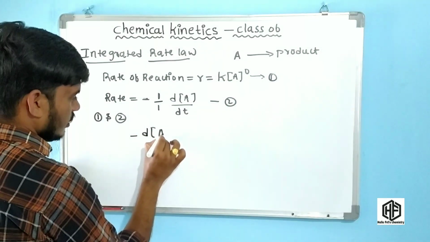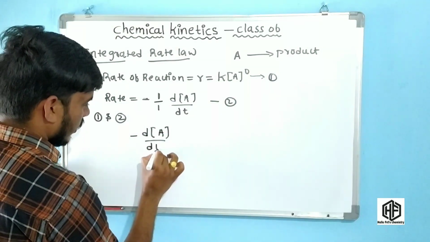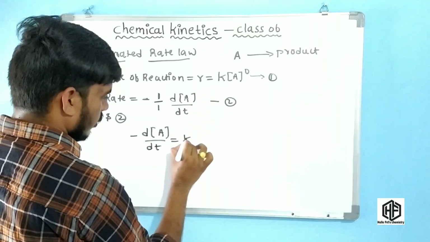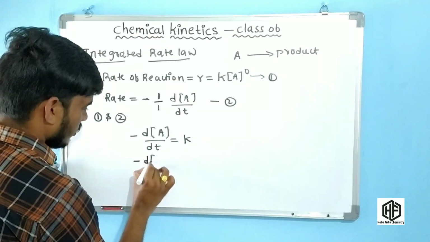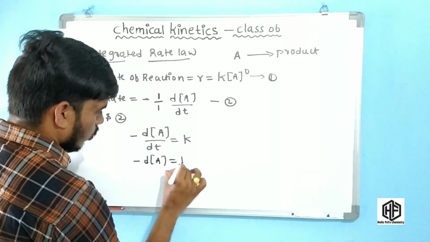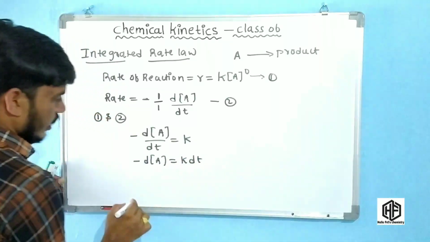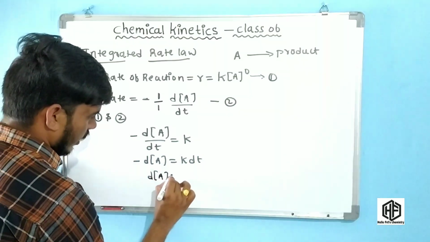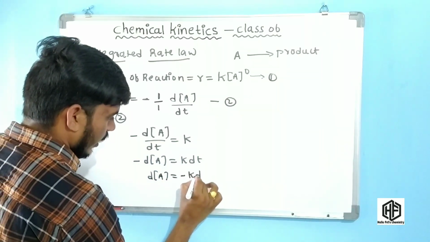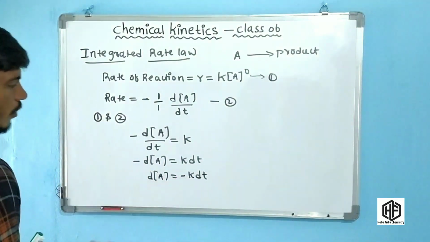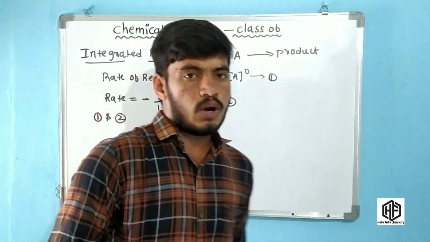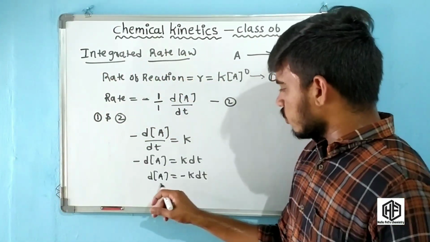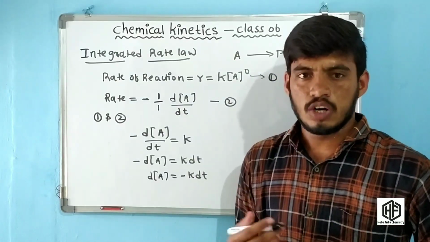Minus change in concentration by change in time is equal to K. Now minus change in concentration is equal to K into dt. Now the change in concentration of A is equal to minus K dt. Now this expression is present. Now you have to solve this expression by integration on both sides.